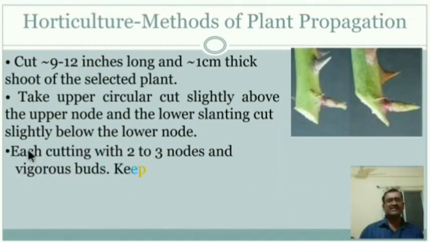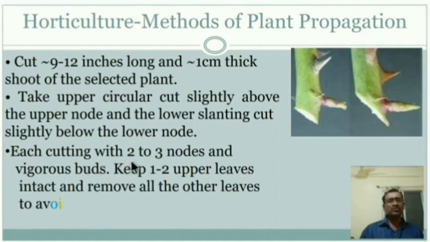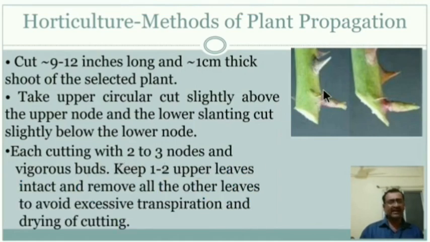Further, each cutting has 2 to 3 nodes. See here, 1, 2, 3 nodes are there, and here also 1, 2 and 3 nodes are there. That means each cutting has 2 to 3 nodes and vigorous buds.